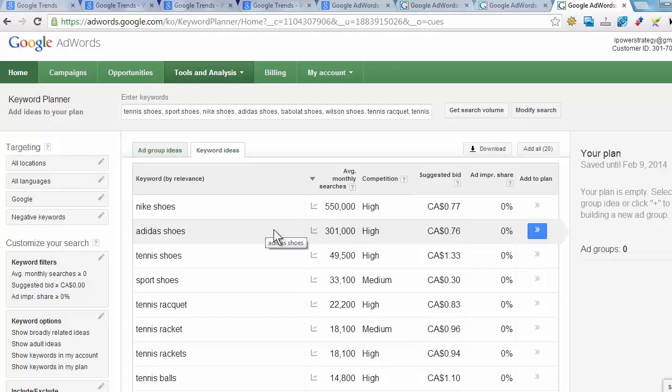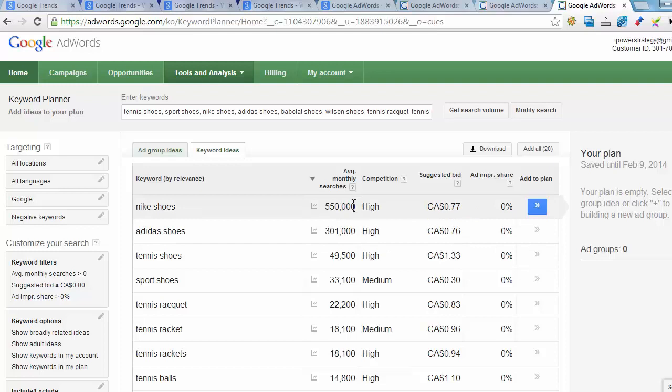Nike shoes has a demand per month of 550,000 people searching for that particular search term, versus Adidas shoes, which has 301,000. So now if you have a look at this, you see higher demand for Nike shoes than Adidas shoes.